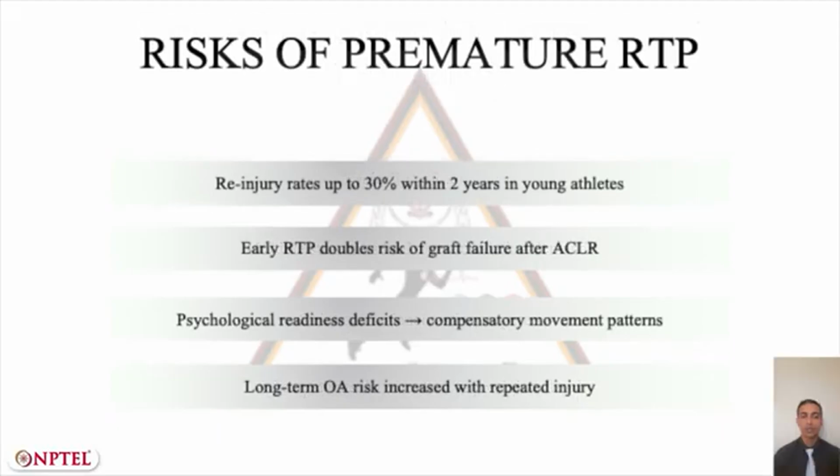Premature return to sport is dangerous. In young athletes, up to 30% suffer re-injury within a 2-year period. Early RTP doubles ACL graft failure risk. If psychological readiness is lacking, unsafe movement patterns emerge.